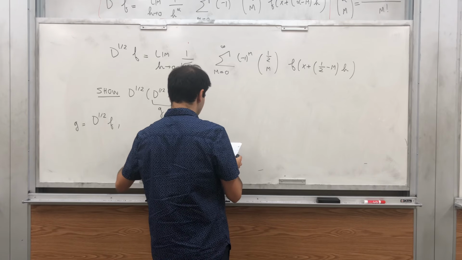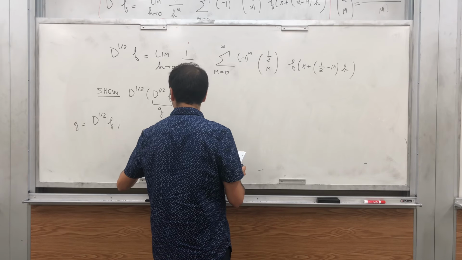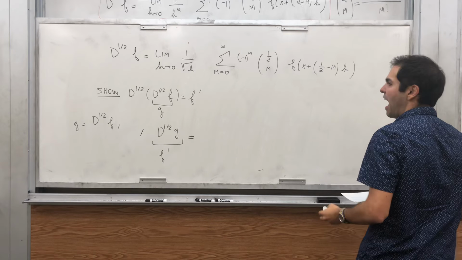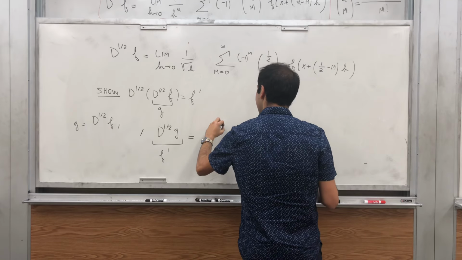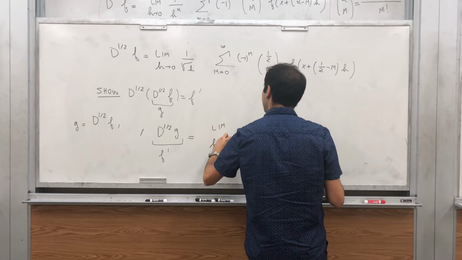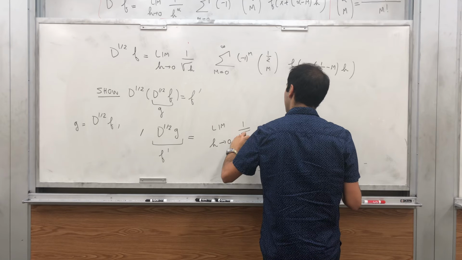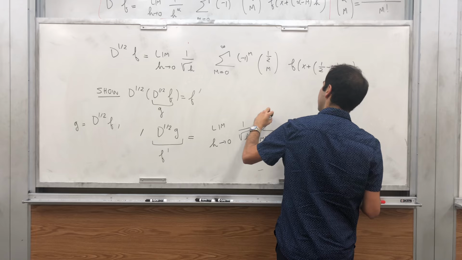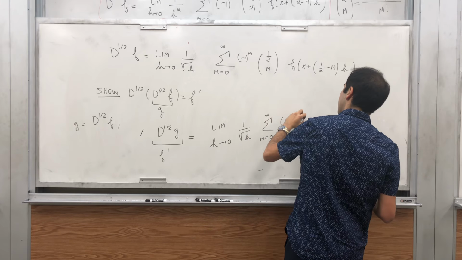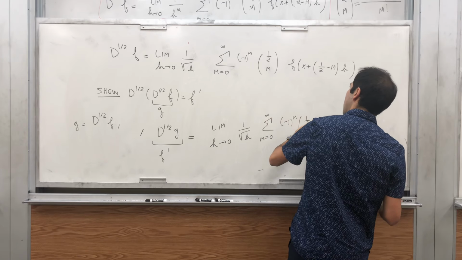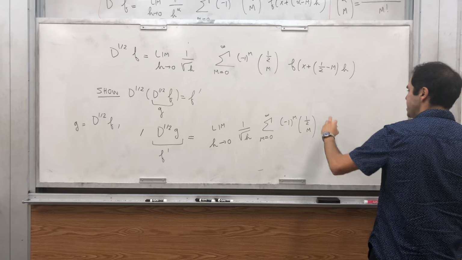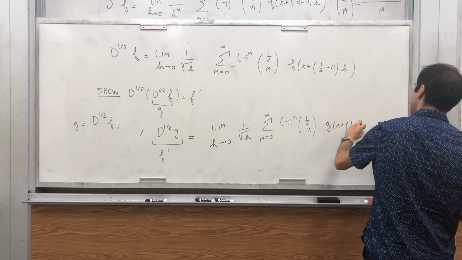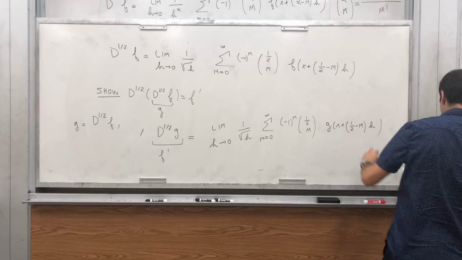Ideally, we want to show this equals f prime. By definition, the half derivative of g is the limit as h goes to 0 of 1 over square root of h, sum from m from 0 to infinity of (-1)^m, (1/2 choose m), of g of x plus 1/2 minus m h.